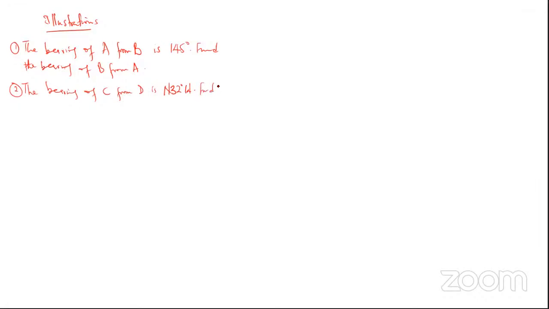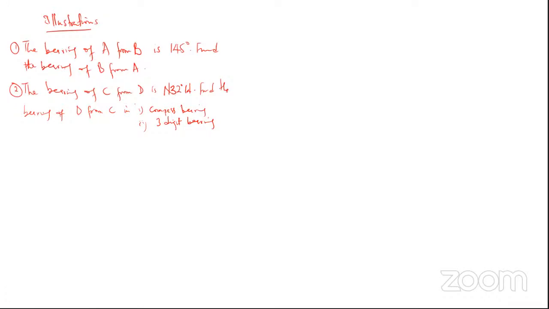Find the bearing of D from C, in 1, compass bearing, 2, in 3-digit bearing. So we also need to be able to swap from the two. Let's just take these 2 questions.